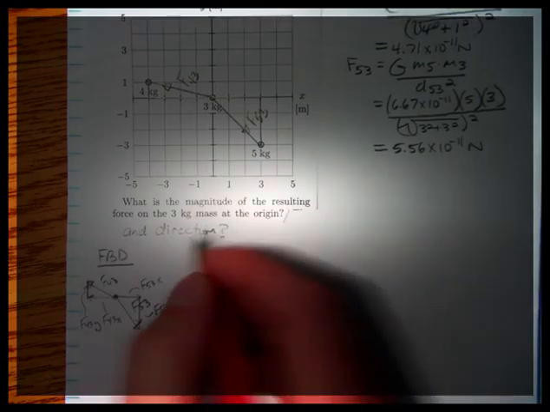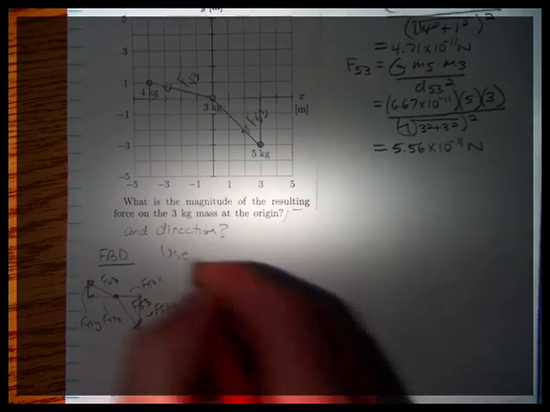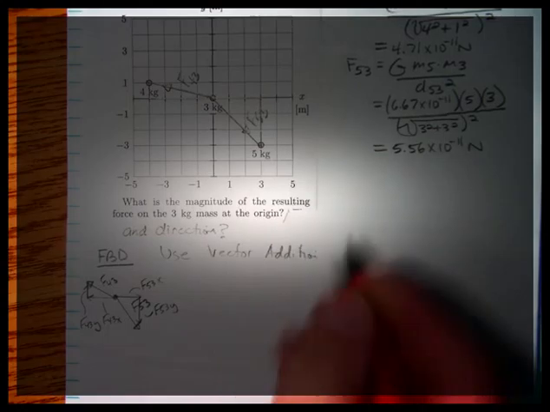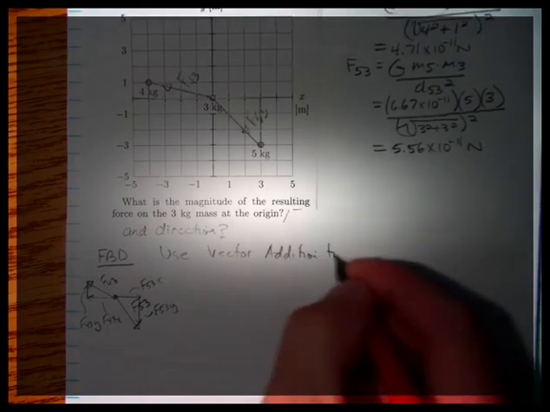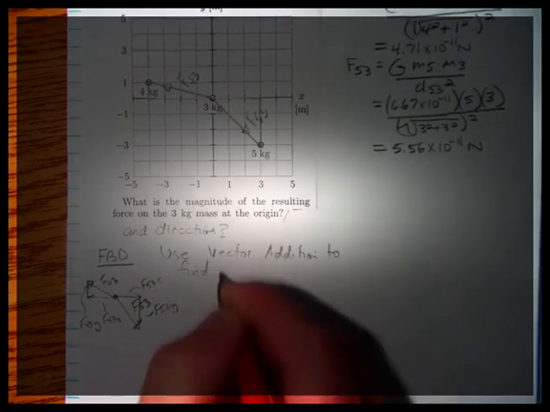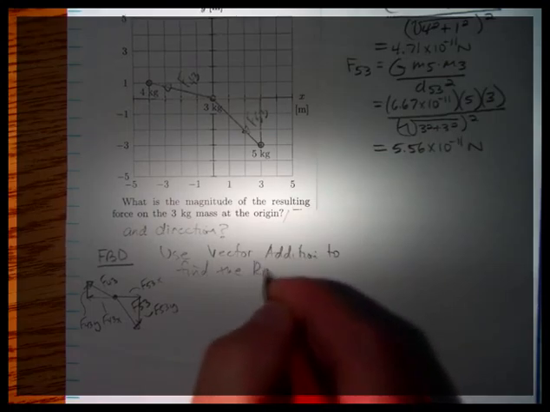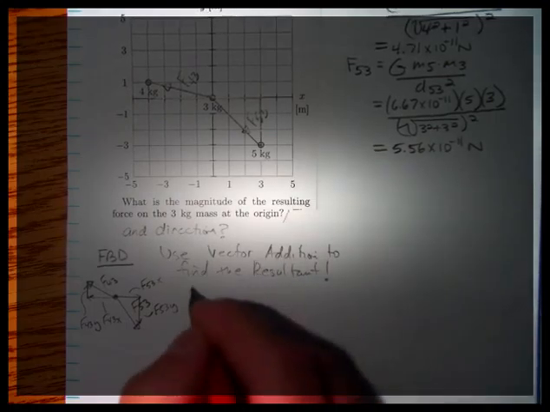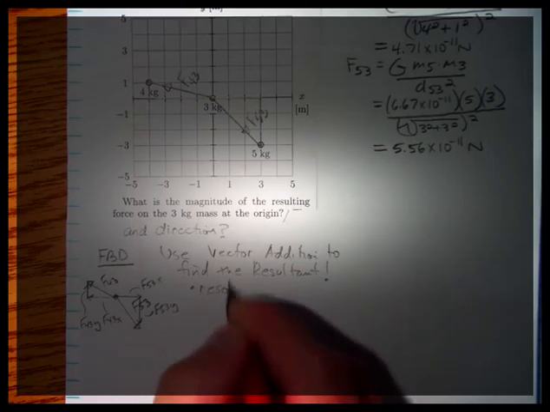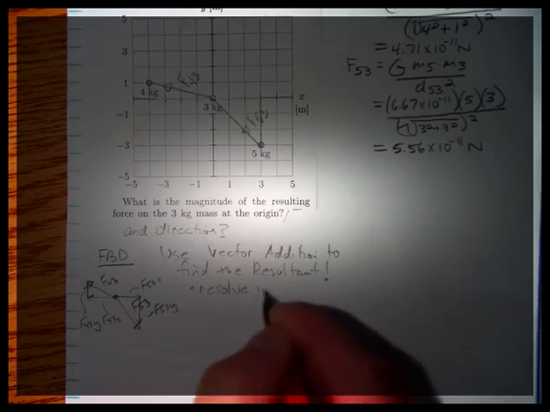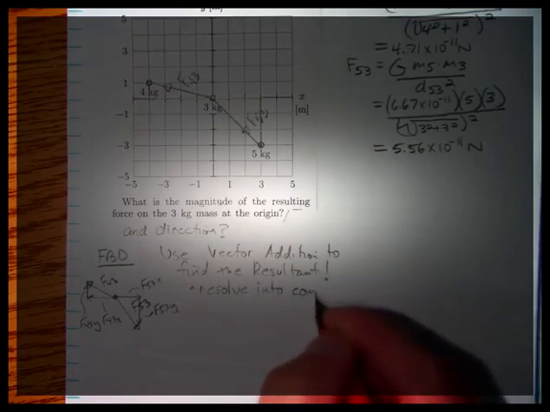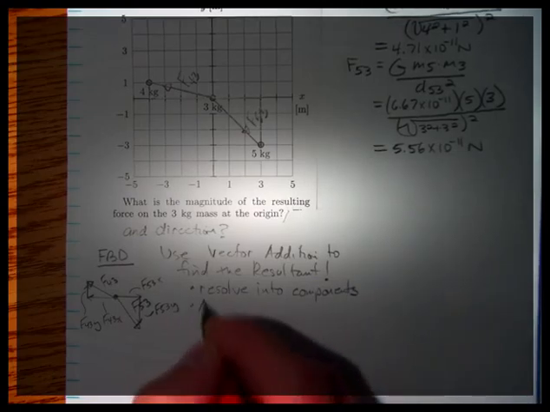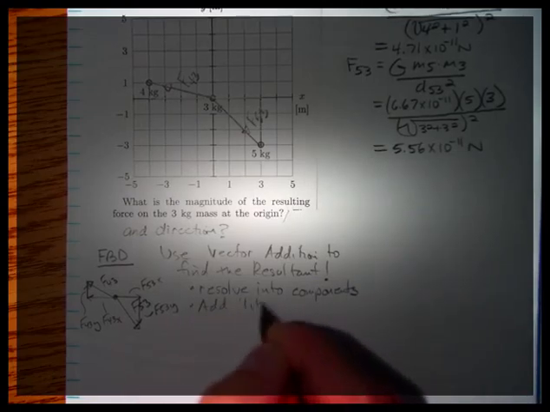So first thing we're going to do, we're going to use vector addition to find the resultant. And that is first resolving into components. Second, we're going to add like components.